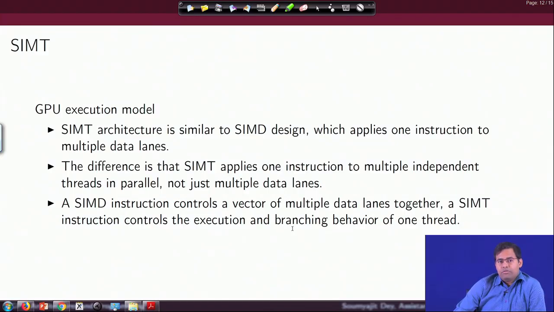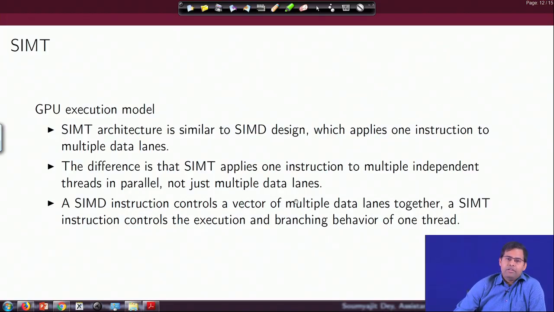This may sound confusing, but this is what it means. When I talk about an SIMD instruction, it controls a vector of multiple data lengths together. So, you have a vector data type sitting on multiple data lengths, and the same SIMD instruction is operating on them, right.